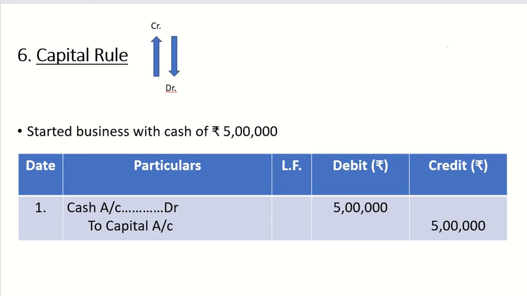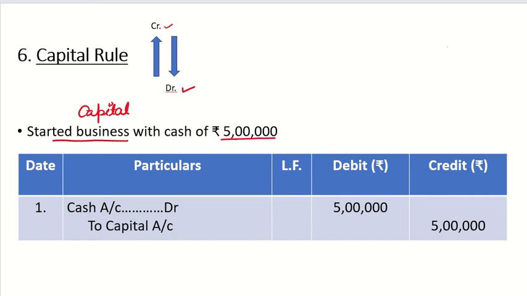So we'll see the sixth account, that is the capital account. Our capital account rule says that for an increase we will credit, for a decrease we will debit. They have given the example here: started business with cash of rupees 5 lakh. When a person starts a business by investing something into the business, that is known as capital, with cash of rupees 5 lakh.